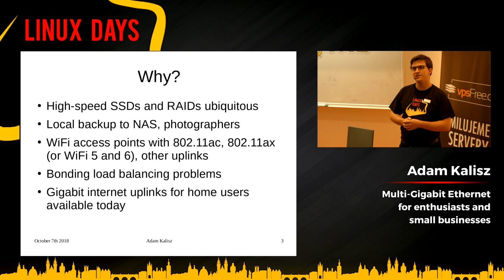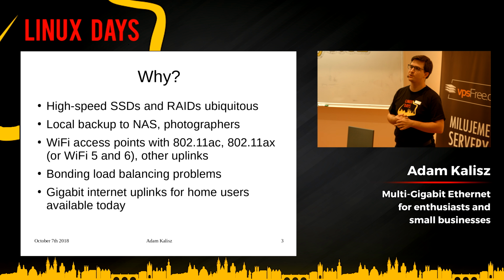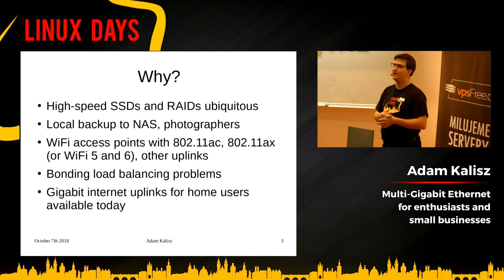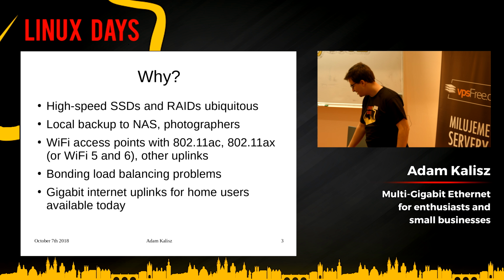Also, nowadays in some countries you get gigabit internet uplinks for home users, and so the idea is that the local network should always be a bit faster than the WAN interface, and so this might be also a motivation for enthusiasts that are always on the bleeding edge of technology and want to show off a bit.